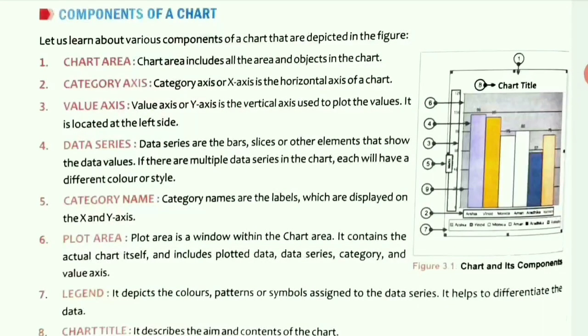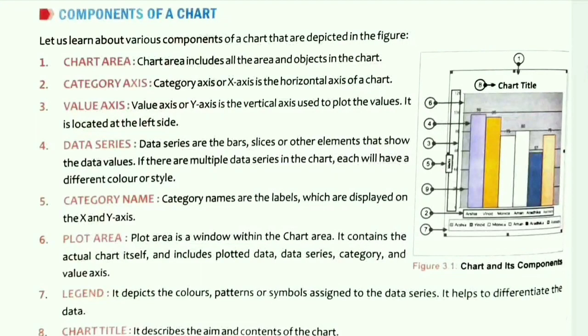Components of a chart. Let us learn about various components of a chart that are depicted in the figure 3.1. The first one is chart area. What is chart area? Chart area includes all the area and objects in the chart. Second is category axis. Category axis or x-axis is the horizontal axis of a chart.